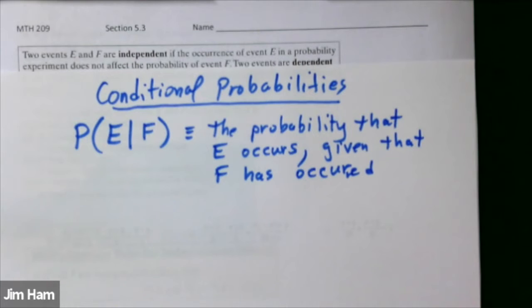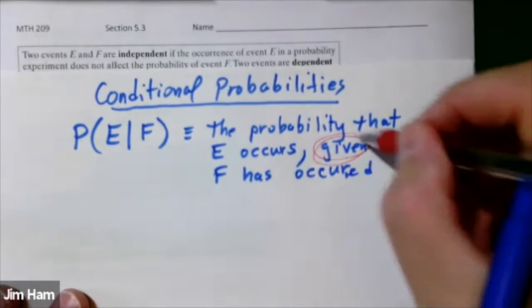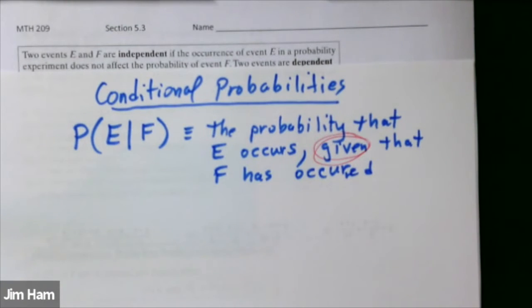So look for the word given, because chances are, if you see that word given, it's going to reduce the denominator of that probability. Instead of taking a random sample from all the groups, we might say, what's the probability that someone owns a dog given that they are female? Then we reduce from all individuals to females only.